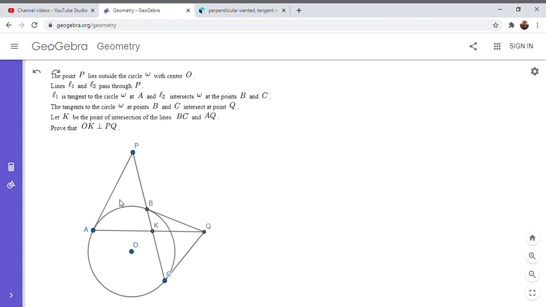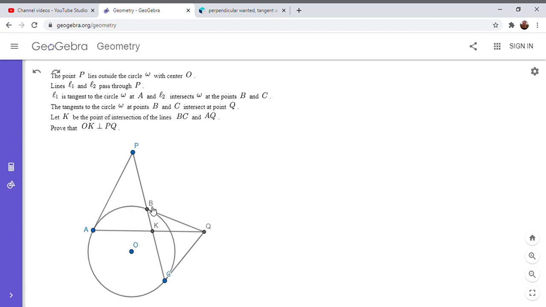Okay, so ultimately we want to show that OK is perpendicular to PQ. But since QB and QC are both tangent to omega, that means that the line BC is the polar of Q with respect to omega.